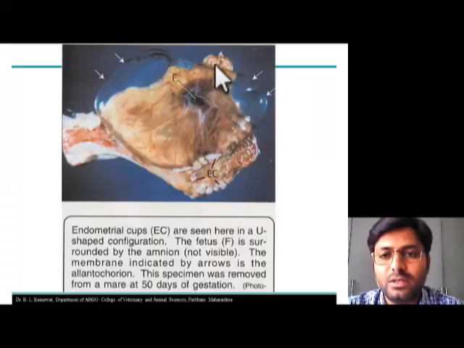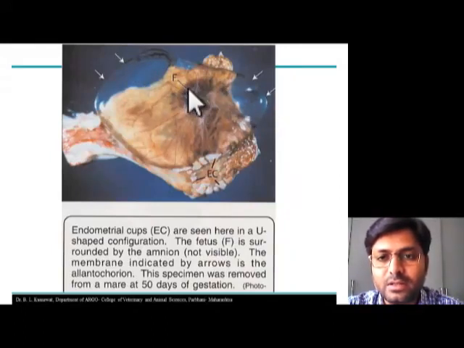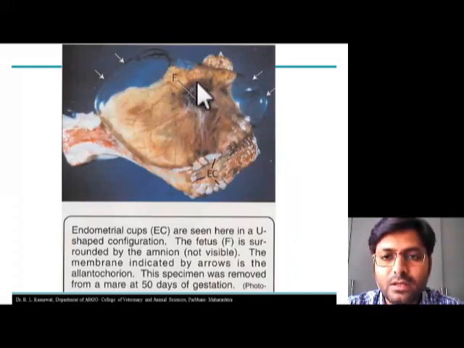In this image, you can see the equine conceptus, which contains the central grayish-blackish structure, that is the fetus, and it is contained inside the amnion, which is surrounded by the allantois membrane or allantoic sac. Here also you can see the endometrial cups, which are arranged in a U-shaped configuration.